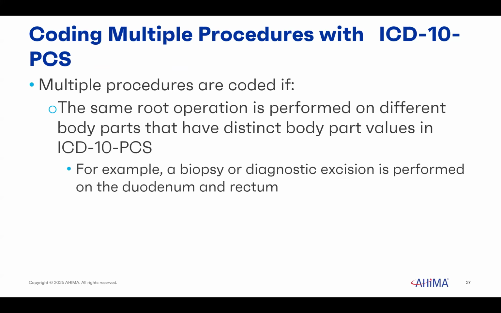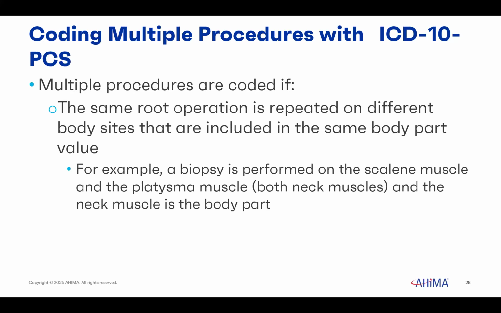If the same root operation is performed on different body parts that have distinct body part values in ICD-10 PCS. So if we have a biopsy and a diagnostic excision on the duodenum and the rectum, those are 2 procedures. And again, another example along the same lines, we have the same root operation that's repeated on different body sites that are included in the same body part values.